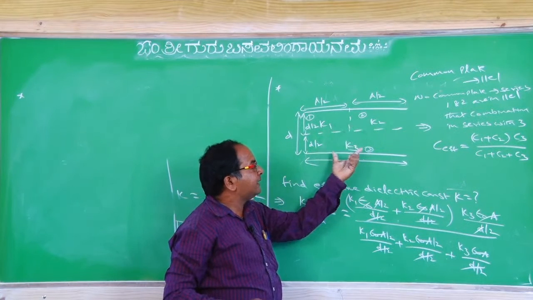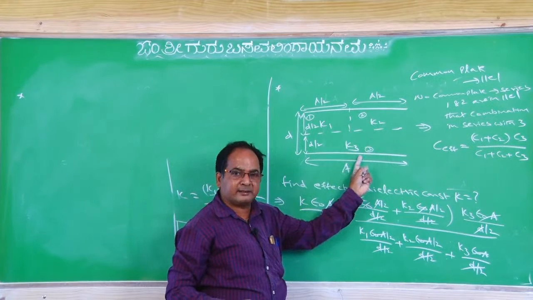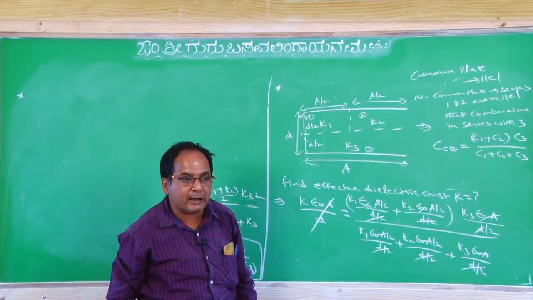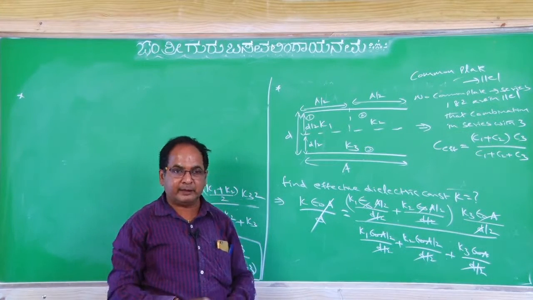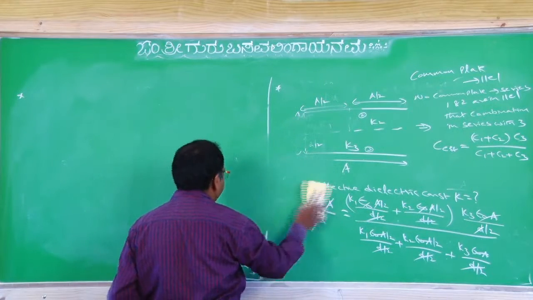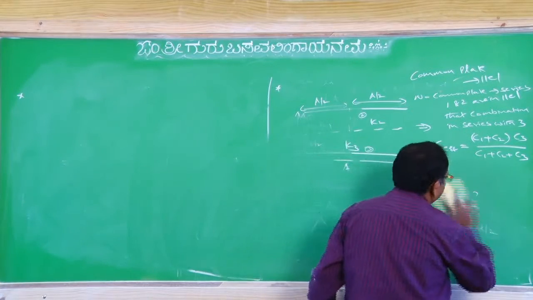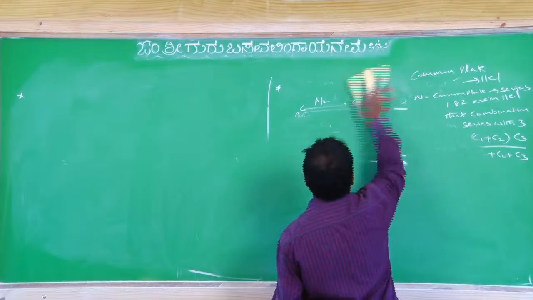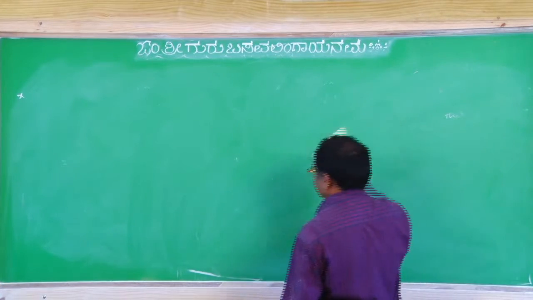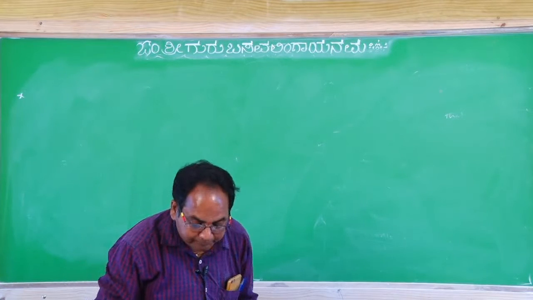This combination doesn't have any common plates. Plates are only this and this. No common plate means series. Next, another one try to do.